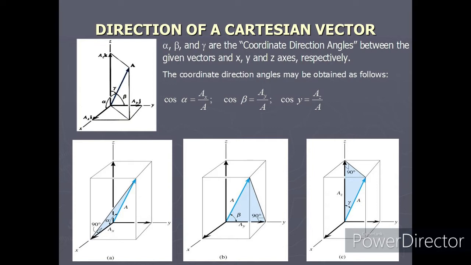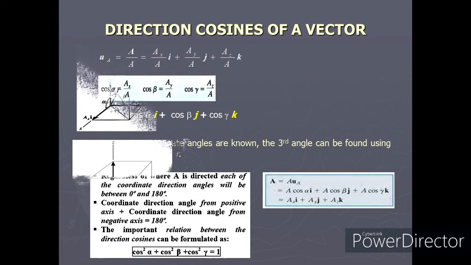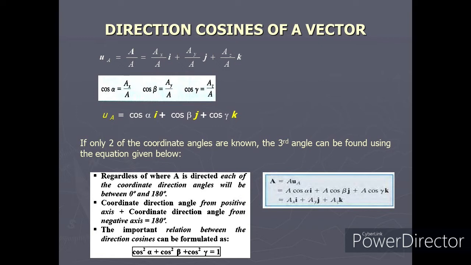So cos alpha is Ax over A, cos beta is Ay over A, and cos gamma is Az over A. I hope you can figure out these ratios from the figures. I think it's very clear, right? So from here now, you see we can go back, because the unit vector has components Ax over A, which is cos alpha, cos beta, and cos gamma, isn't it?